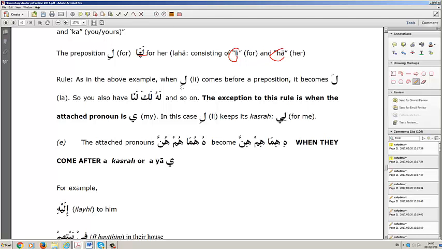When the word li comes before a pronoun, it becomes la. Simple as that. So you have lahu, laka, laha, and so on. There is one exception when you're speaking about, to me. We use the ya for my, and that remains an I sound, so it becomes li for me.